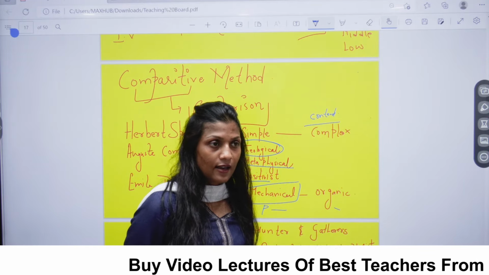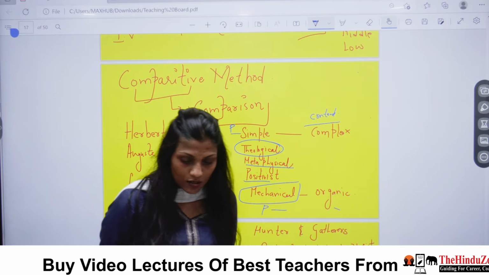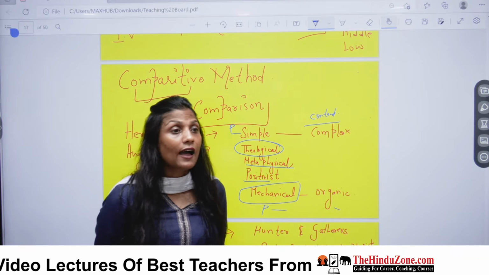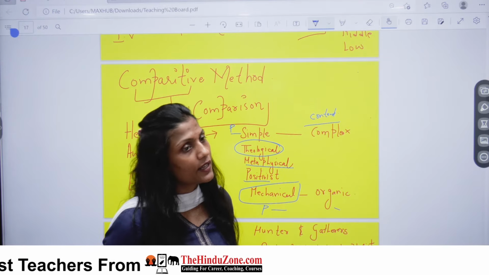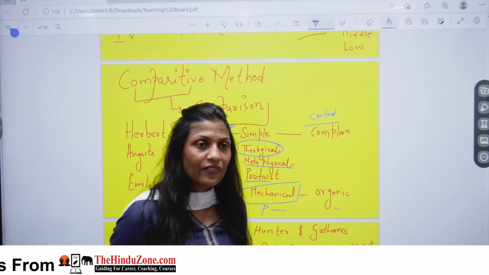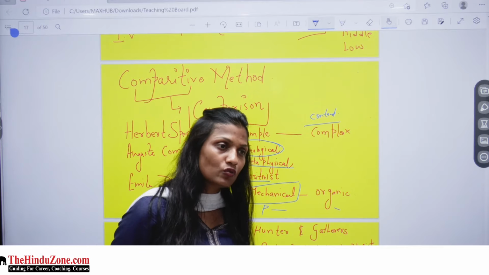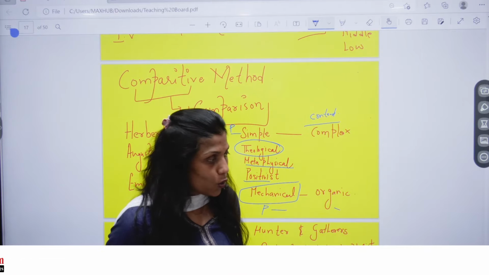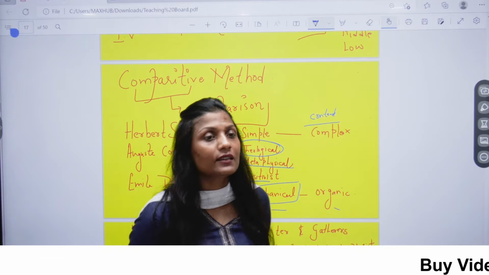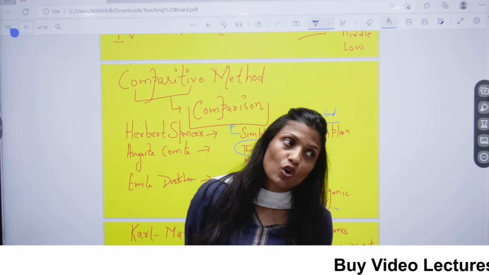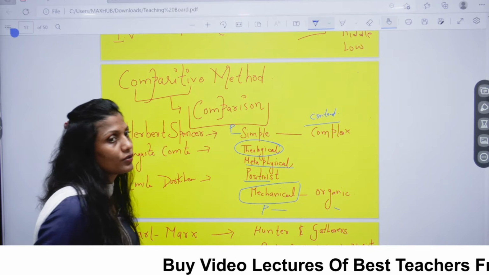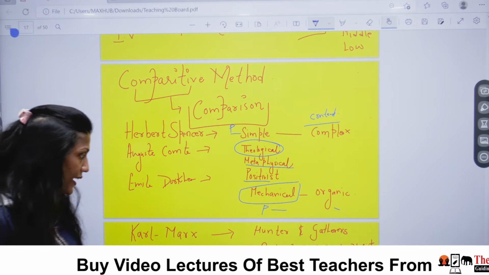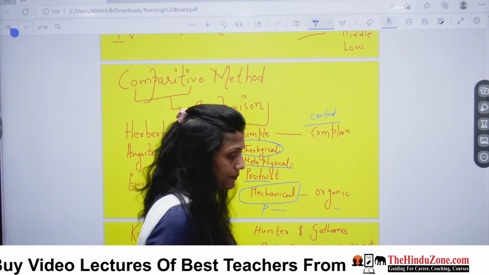Karl Marx used a very beautiful variable, economic situation, and analyzed past societies. So that is the use of historical methods. Any doubts?